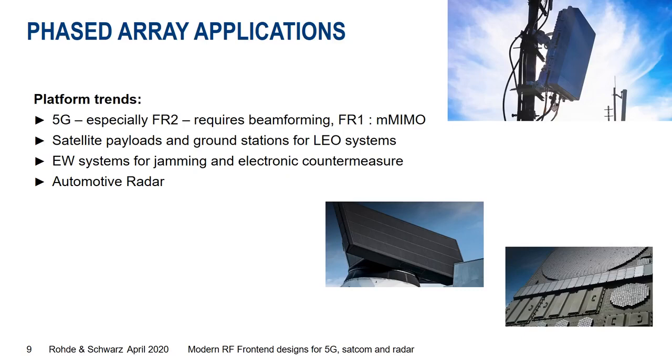In EW systems for jamming radar applications in the A&D world, phased array is already kind of technology of today and used since quite a while. The idea here is to be able to track and to point the signal into a dedicated direction. Automotive radar is also starting to look into and starting to use phased array applications.